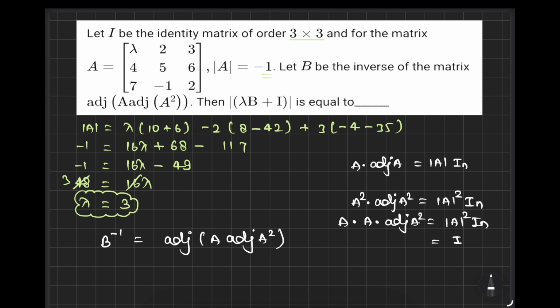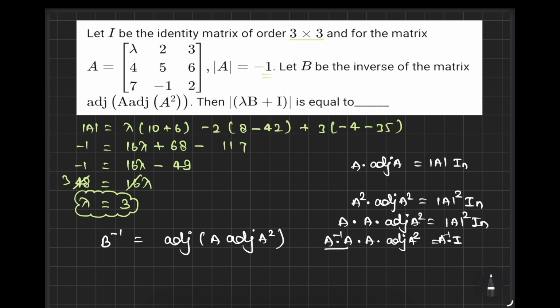Now can I pre-multiply both sides by A inverse so that I can get rid of this A and we have this as the argument? So I am pre-multiplying both sides by A inverse. So A inverse A adjoint A square will become, here also we will have A inverse, correct?